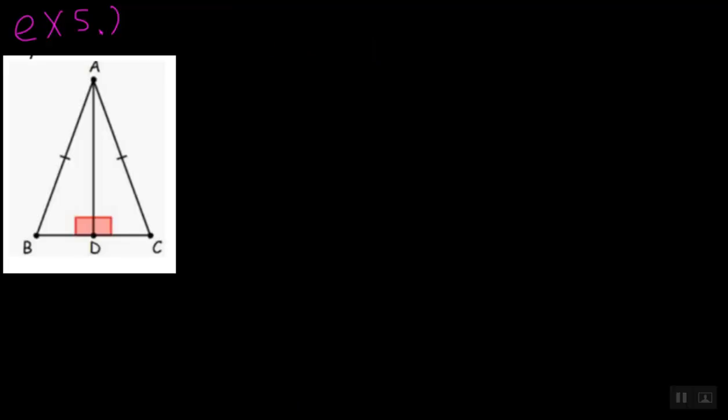Okay, here's our fifth and final example. So notice here, we have a triangle, and much like number one, it has two congruent sides. And it is important to remember that whenever we have two congruent sides, we have an isosceles triangle. So not only does it have two congruent sides, it also has two congruent base angles.